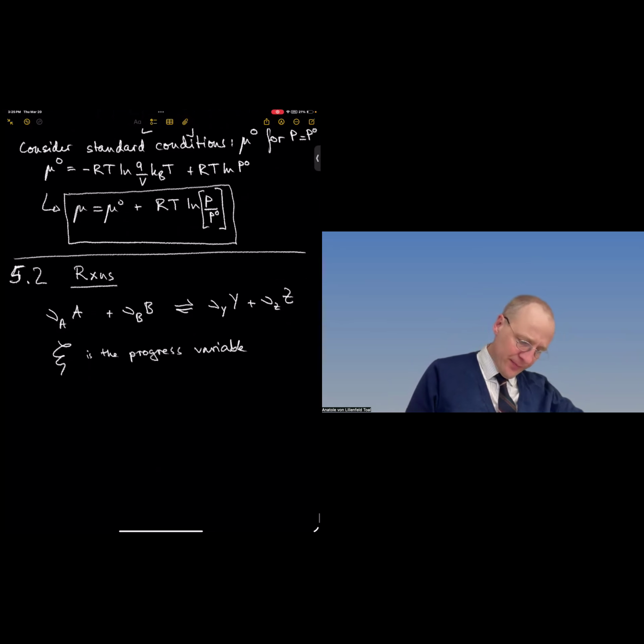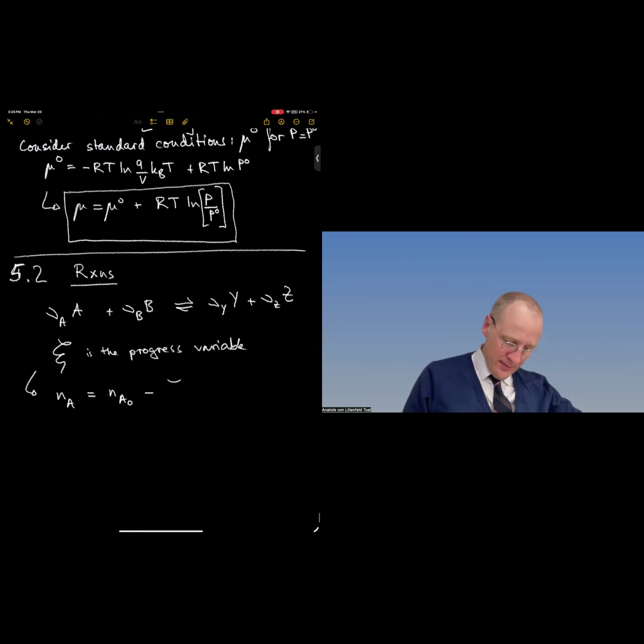And that allows us to look at the number of particles A corresponding to number of particles at the beginning of the reaction. So when you start to mix the components, minus psi times nu A, right?